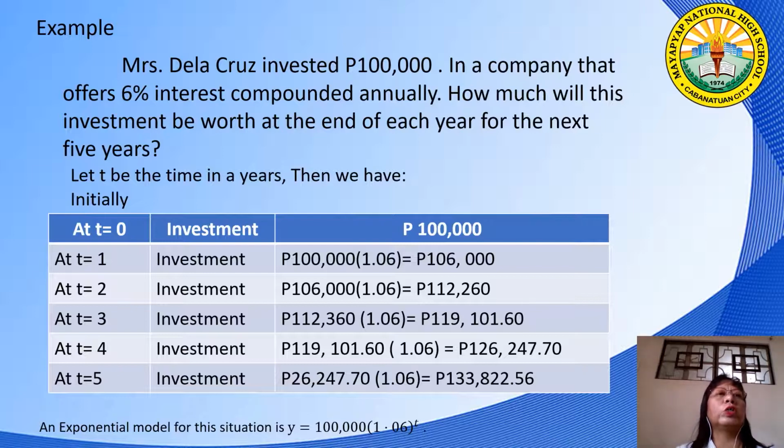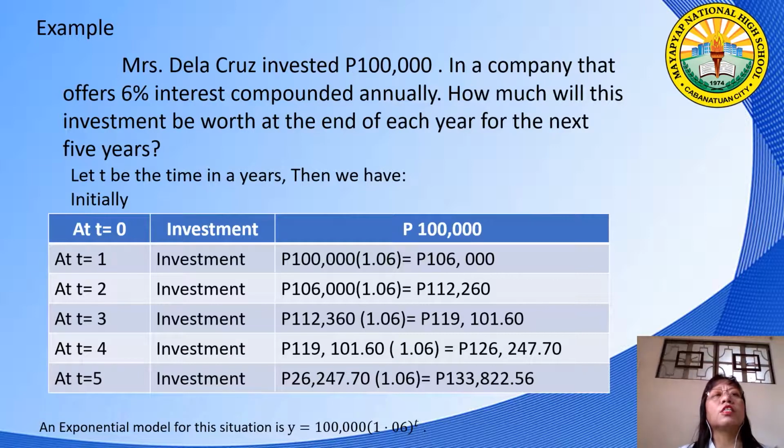Initially, at T equals 0, the investment is 100,000 pesos. At T equals 1 year, the investment becomes 106,000 pesos. For T equals 2 years, it becomes 112,360 pesos.